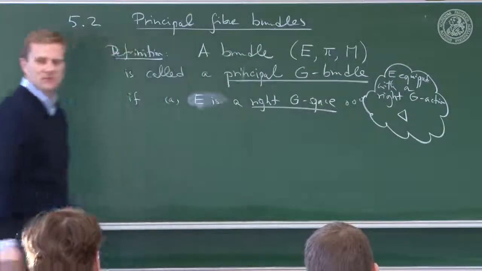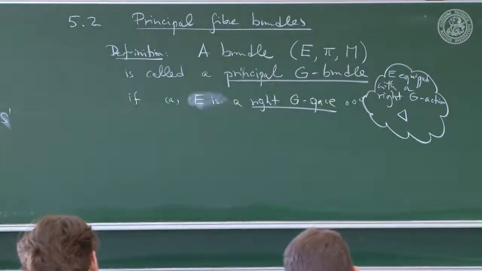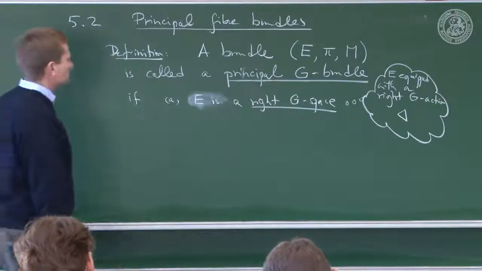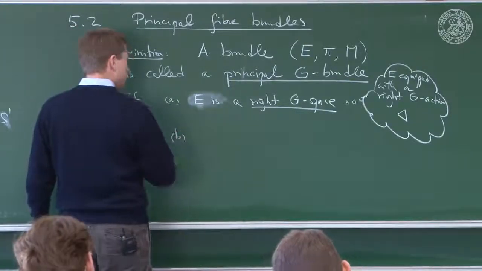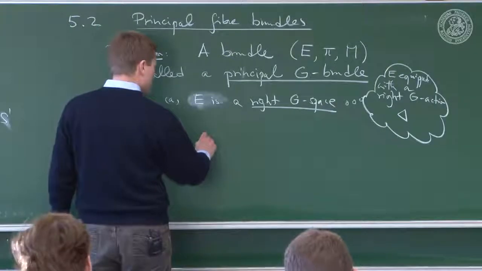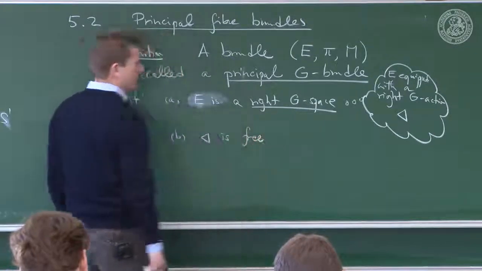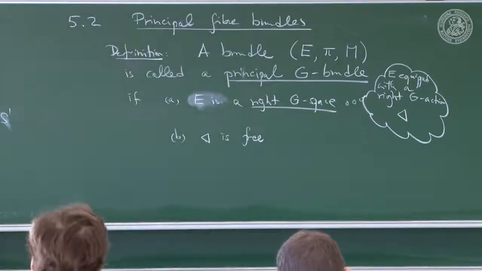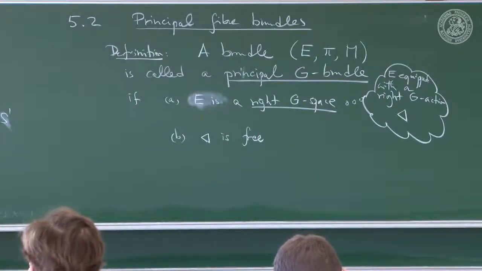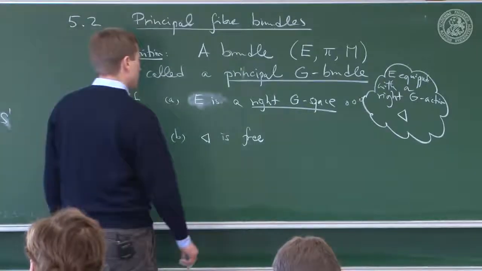So we have such a thing. B, this right G action is free. This we certainly want to have. That makes the principal G bundle rather than just having a right G bundle. This is free.